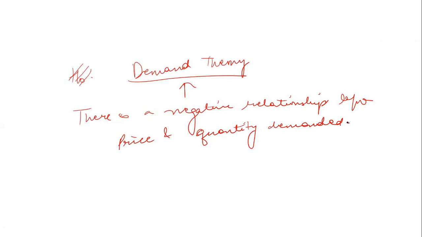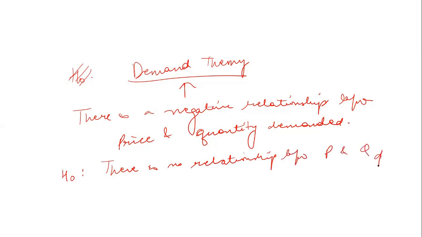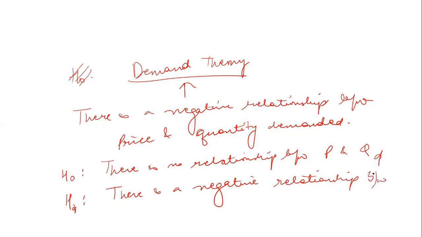So I make my null hypothesis as this: there is no relationship between price and quantity demanded. And I write my alternative hypothesis as there is a negative relationship between price and quantity demanded.